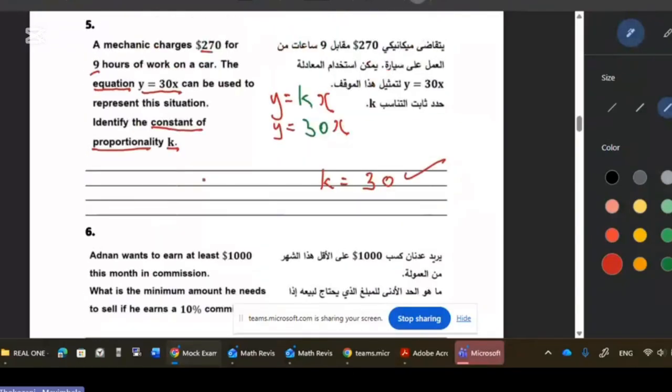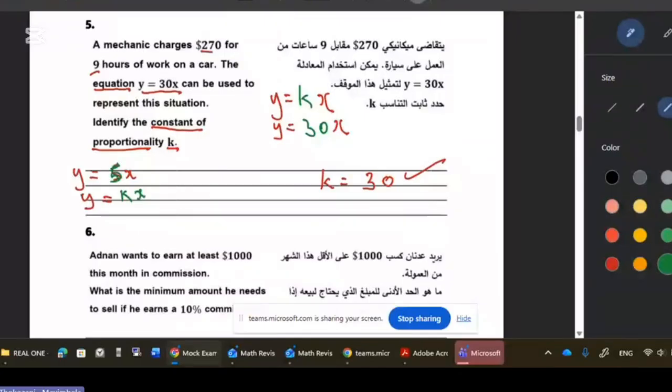Even if they gave you, let me give you something else. Even if they gave you something like this, another equation, y equal to 5x. You will say your k here will be like this. You'll have something like this, y equal to kx. So this will be your k.